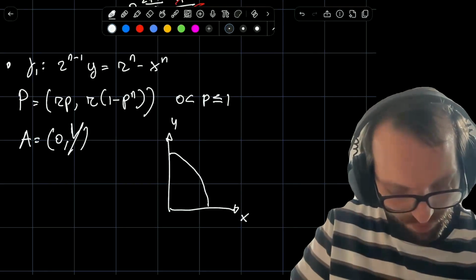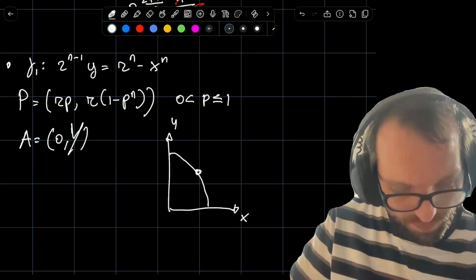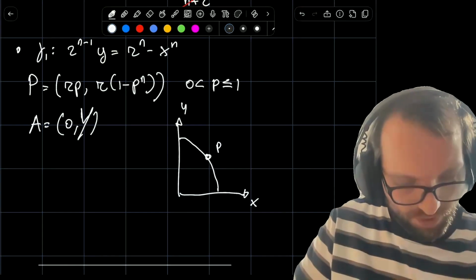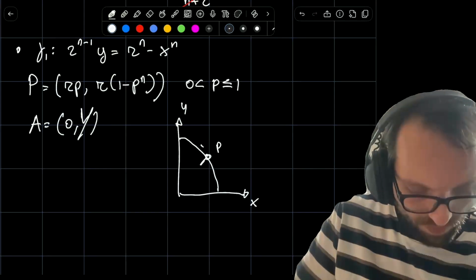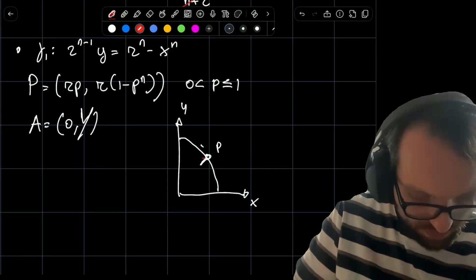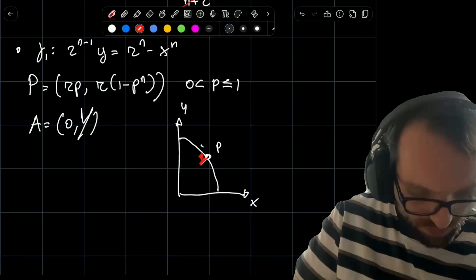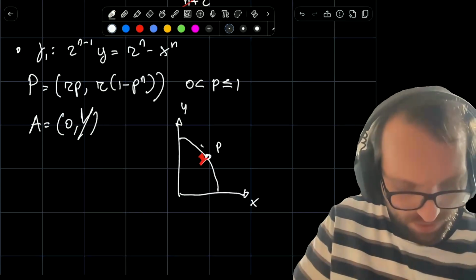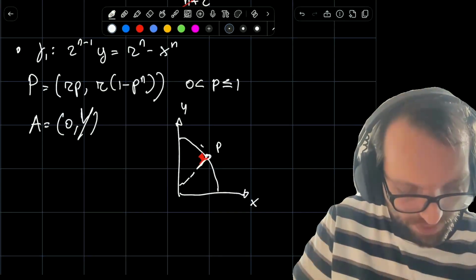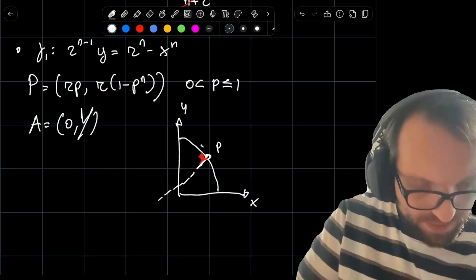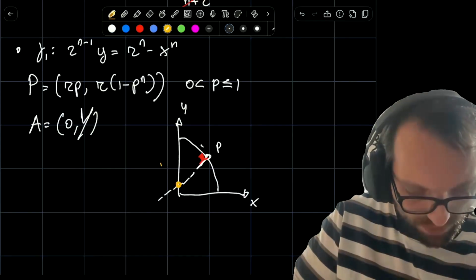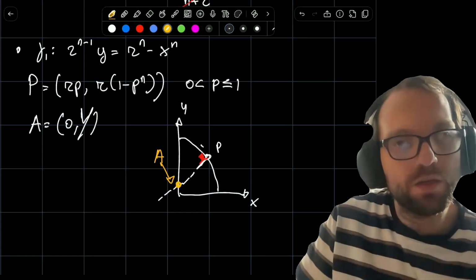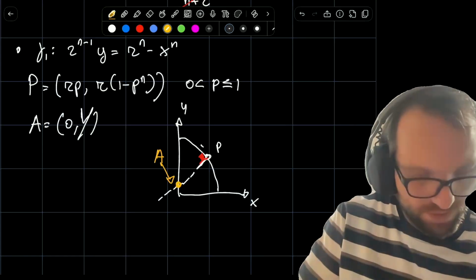We have our curve, we have this point P here, we have the normal, so this is 90 degrees. This normal here cuts the y-axis in this point A here.